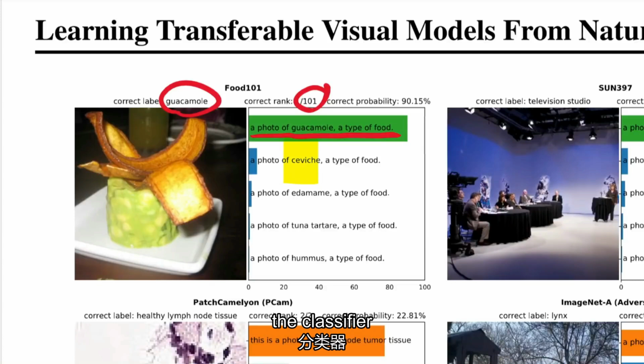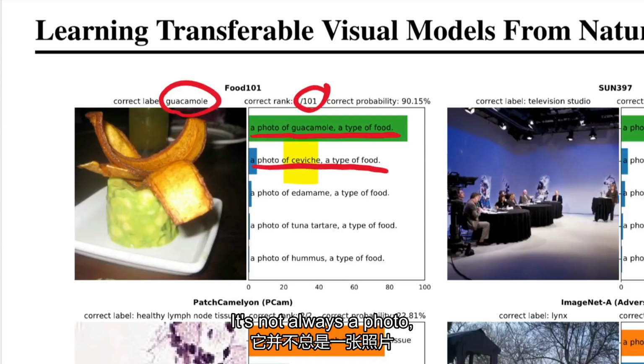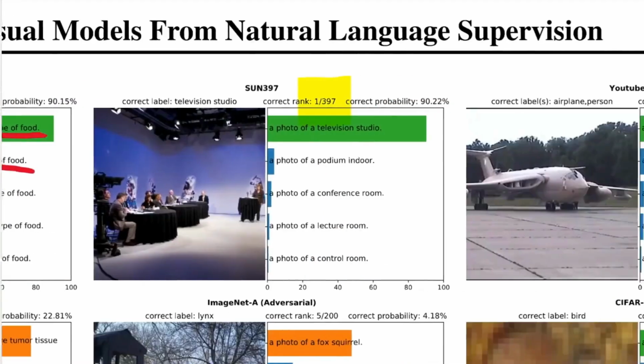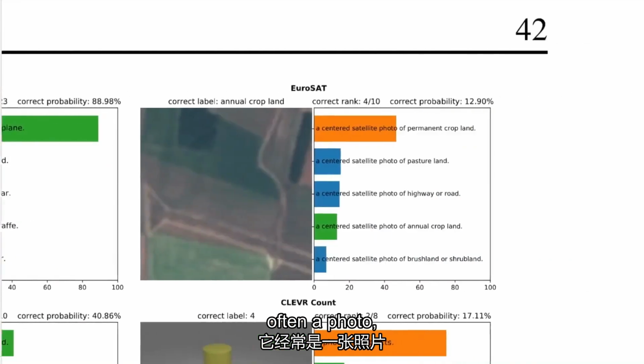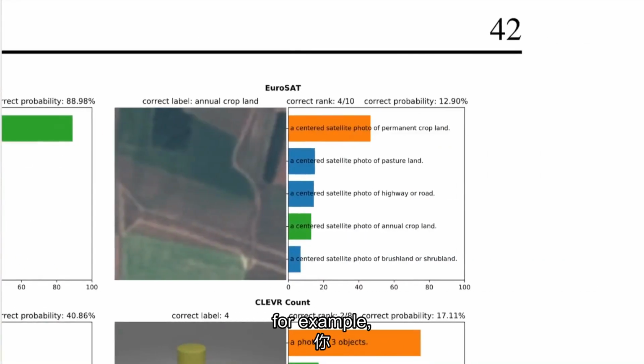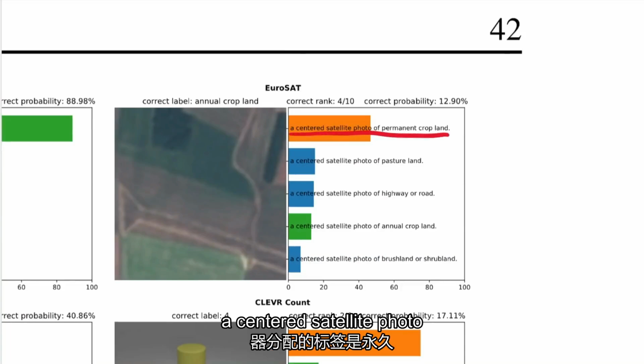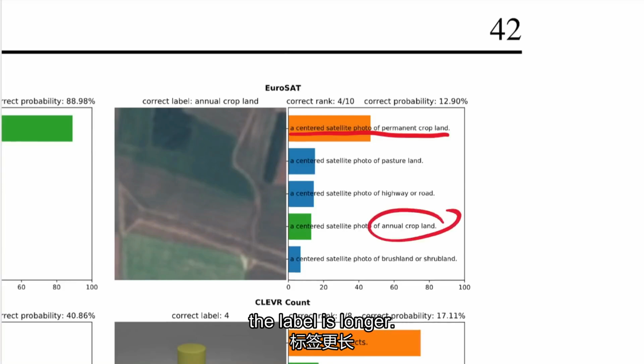And the second highest label is a photo of ceviche, a type of food. It's not always a photo, though it is often a photo, but here you can see, for example, the label that the classifier assigns is a centered satellite photo of permanent cropland, where the correct label here is the annual cropland, which is down here. Again, the label is longer.